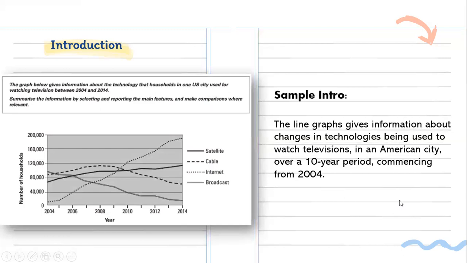And moreover, I can assume that all of you have basic information of using the phrases to depict the statistics, so I won't focus on how you write it. I just mention the structure and how to write it logically. The sample here: the line graph gives information about changes in technologies being used to watch televisions in an American city over a 10-year period commencing from 2002.